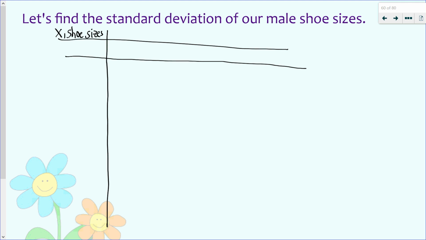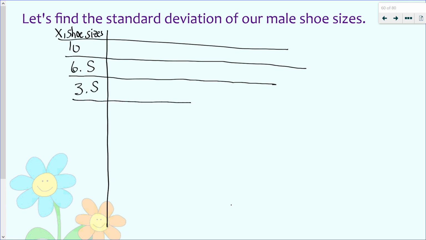Okay, Michael, what's your shoe size? 10? If you were to buy male, do you know how to correct? You're subtracting 1.5. So we'll say 6.5. Okay. Wow, 10 feet. All right, Aaron. 13.